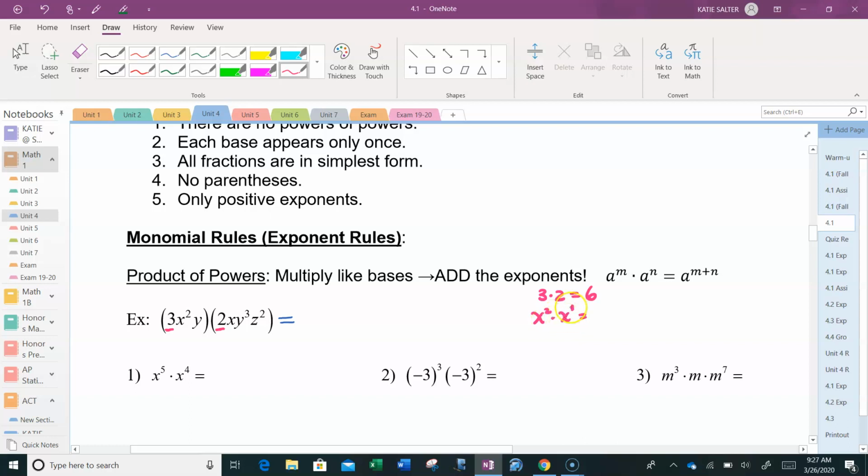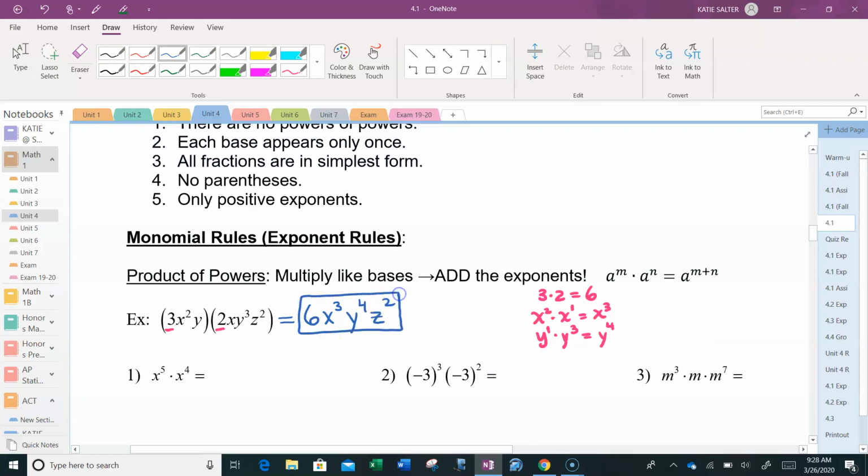So x squared times x to the first would give us x cubed. 2 plus 1 is 3. And then we have y times y cubed. So again, even though you just have this y by itself, it's really to the first power. So we now have y to the 4th. And then in the end, we have this z squared we're just going to tag on. So our final product would be 6 x to the 3rd, y to the 4th, z squared.